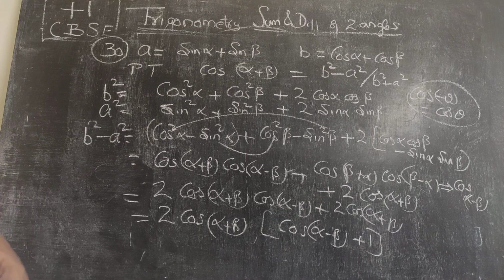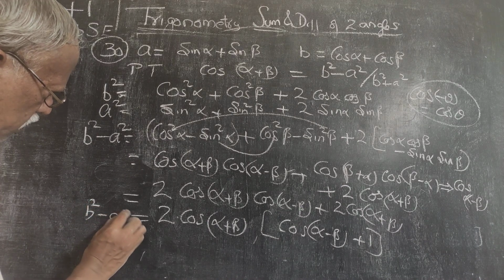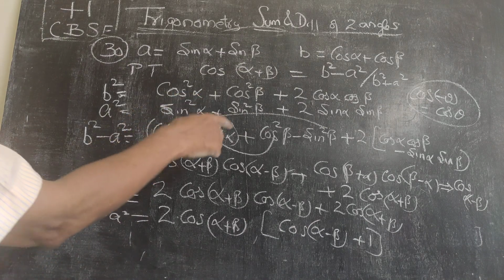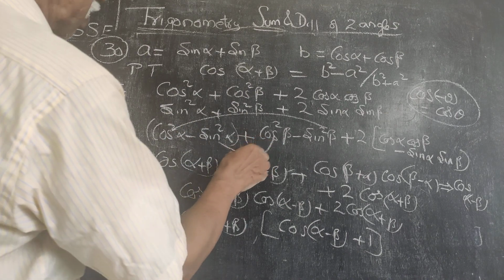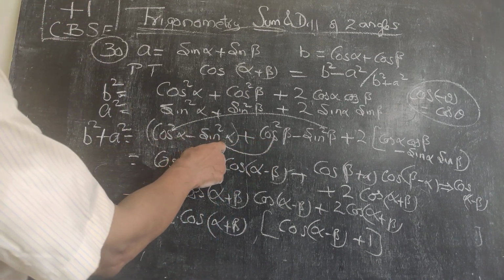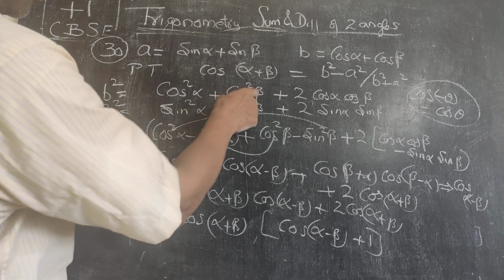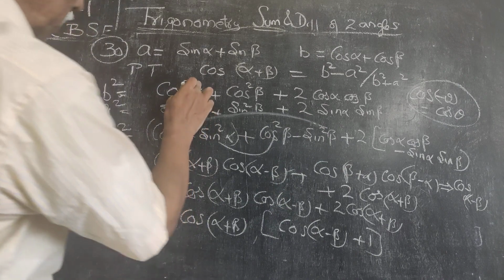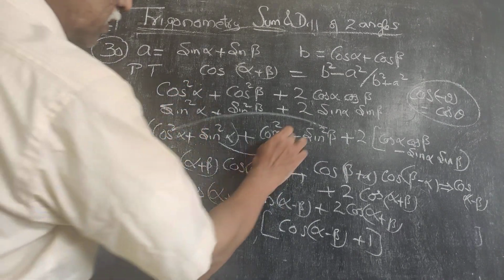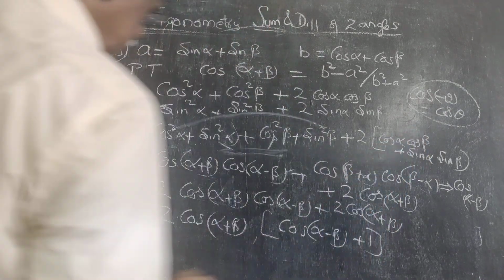Now I have to go for b square plus a square. This is b square minus a square. Here itself I am changing it to b square plus a square. So this is plus. So this part will be b square plus a square. B square is cos alpha plus cos beta the whole square, and this I am adding, b square plus a square. So it becomes plus, and this becomes plus, and this becomes plus.